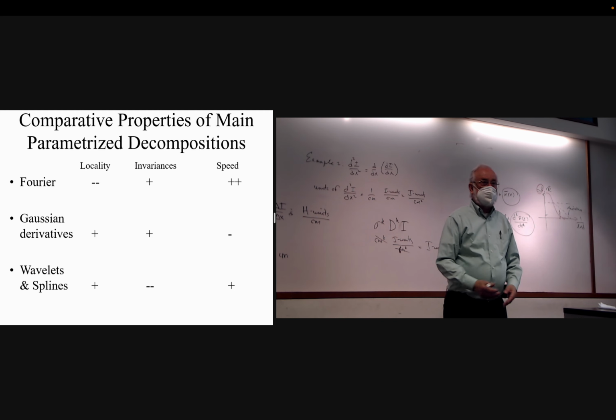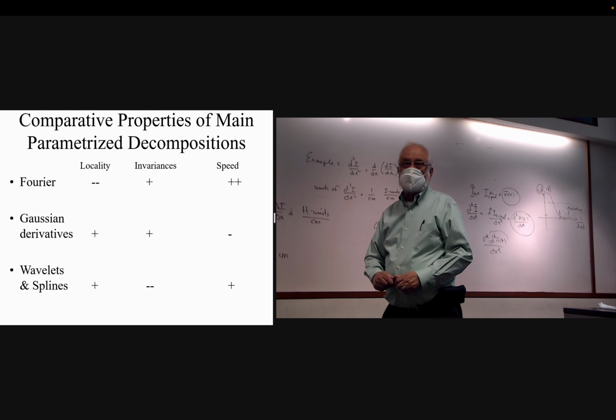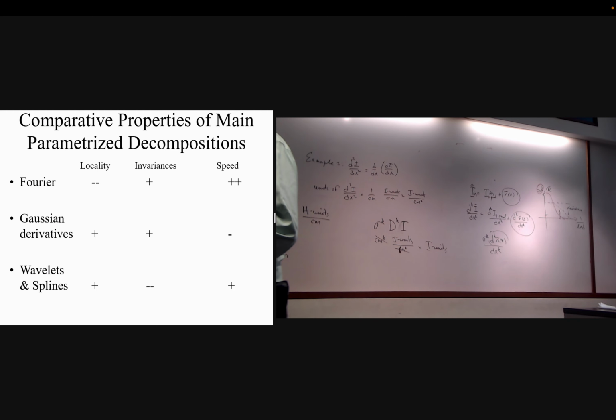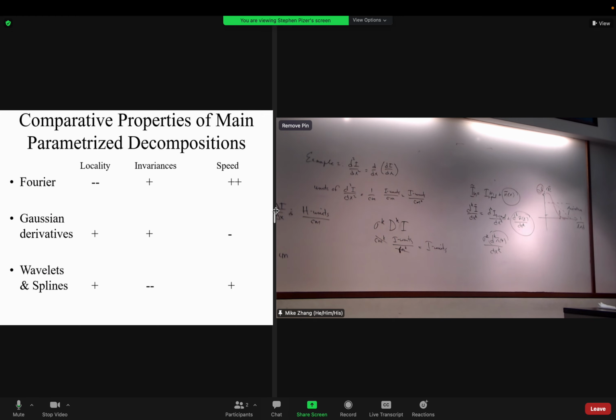And because we have this super algorithm for computing those coefficients, namely the FFT, it's really, really fast. It buys you speed. That's what Fourier is good at. It's great at speed, it's crummy with locality, and it has good properties for invariances.